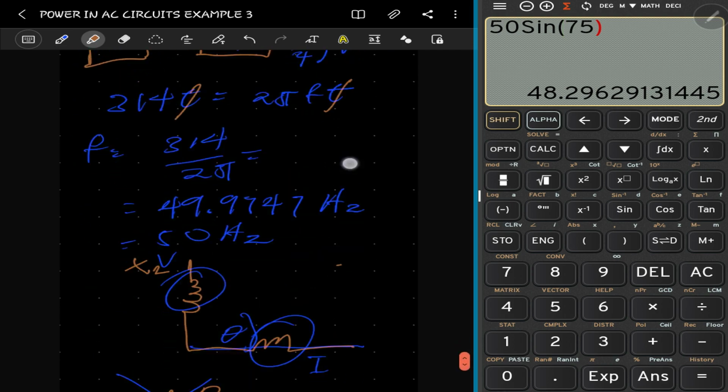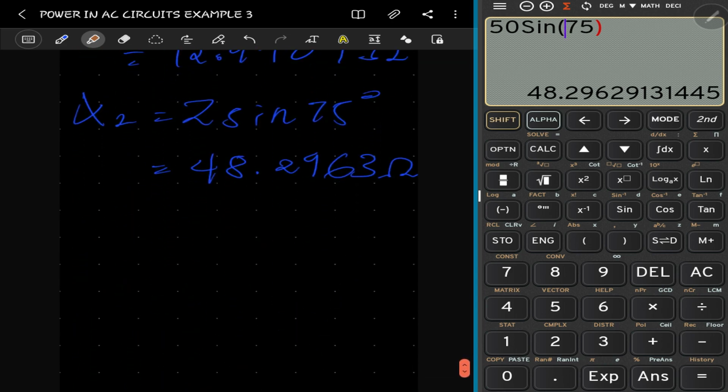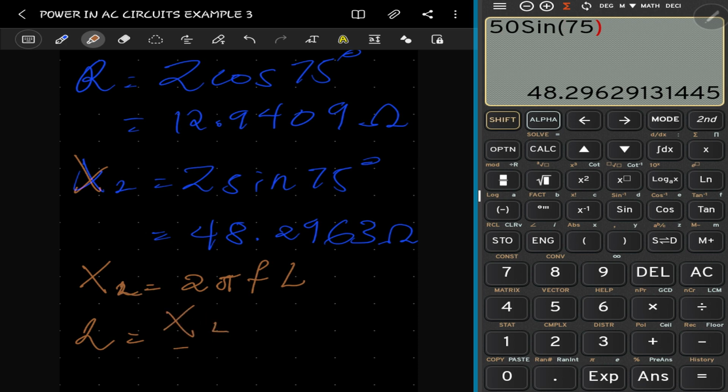We just found the inductive reactance. We will now have to find the inductance itself, right? So that will mean that we have XL being equal to 2 pi F L. So that will mean that L is equal to XL on 2 pi F, right?